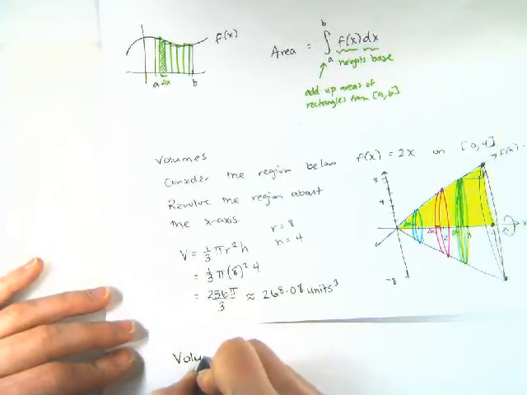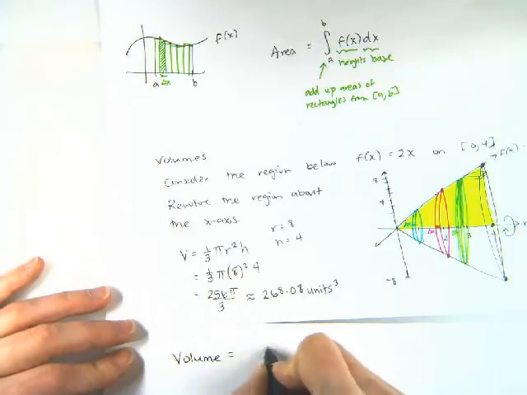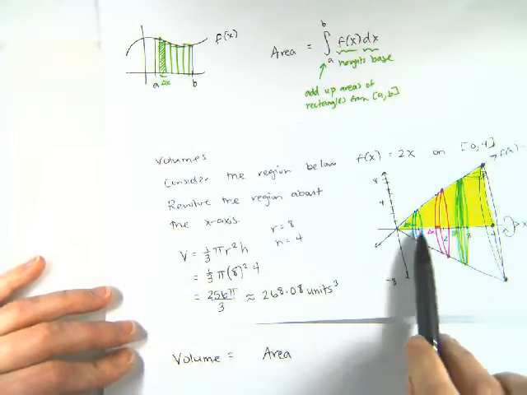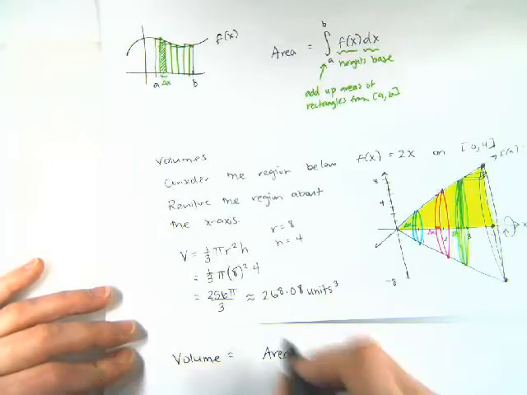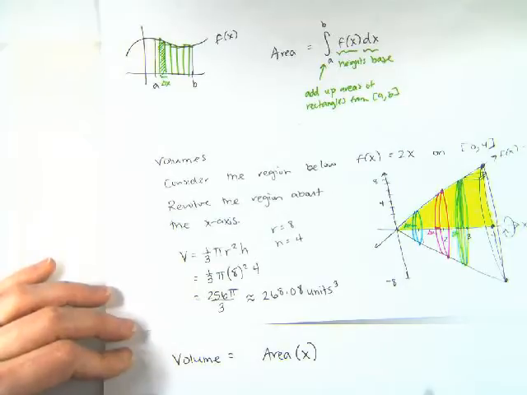In order to find volume, we're going to take the areas of all of our cross-sections. Now notice that the area of each cross-section is different depending on where I put it. So it's really the area of the cross-section is some function of x. Wherever I put it, I can figure out what the area would be.